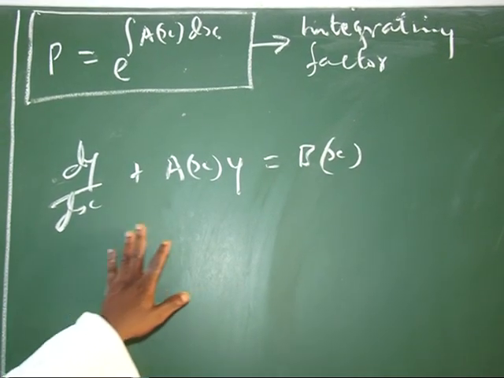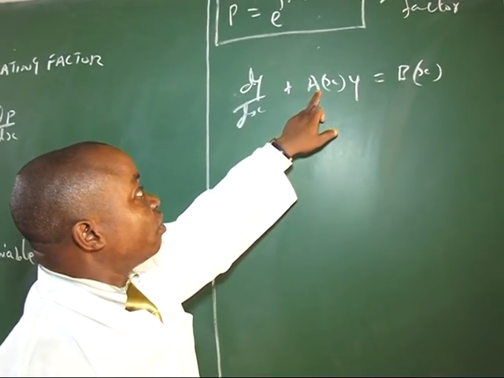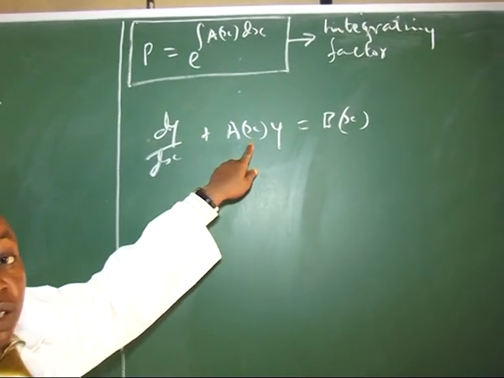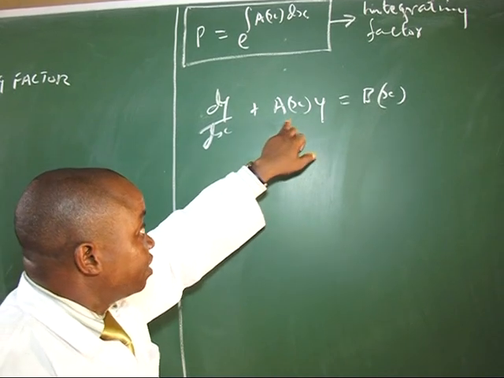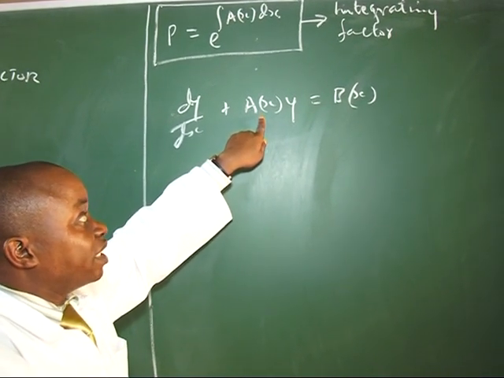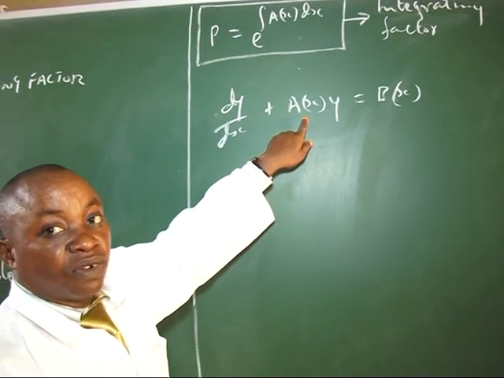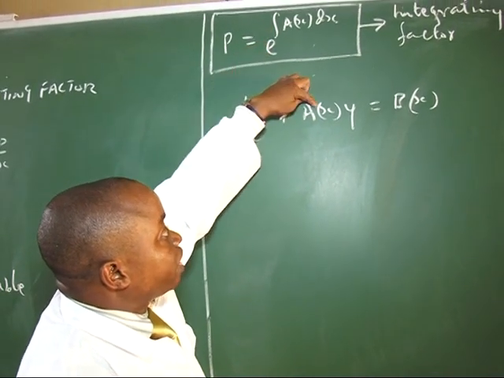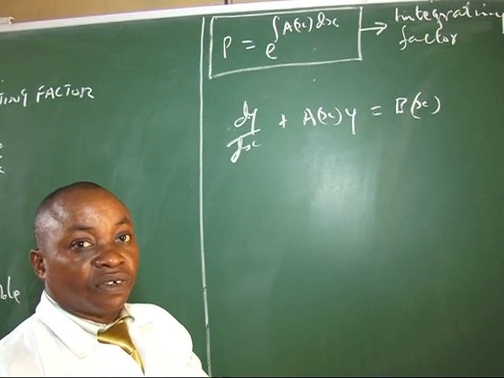If you are given this type of equation, the integrating factor will be exponential raised to the integral of a of x. So the first thing we'll do is to look at the coefficient of y, and whatever is there is what we raise exponential to, after integrating it, to have the integrating factor.